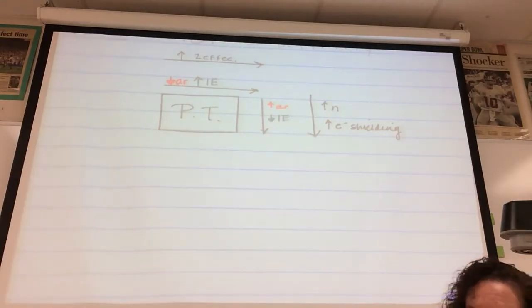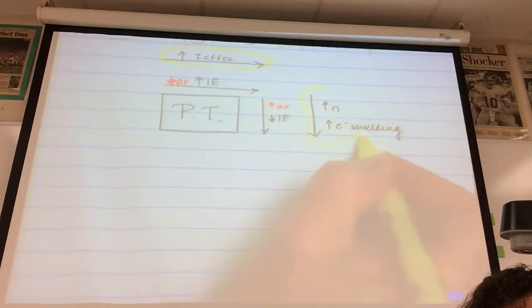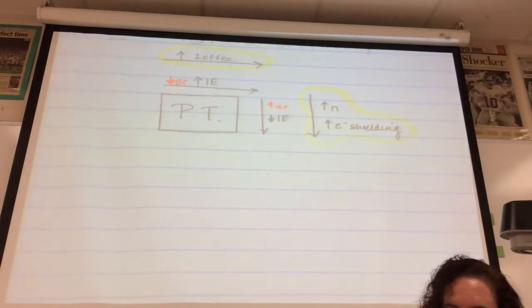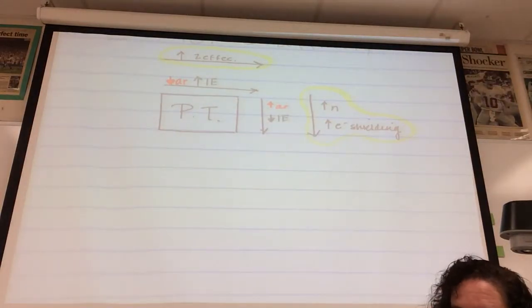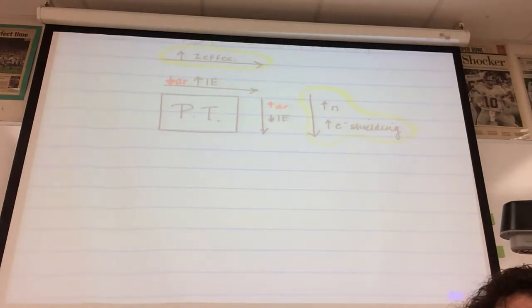So if you understand the reasons, you will be able to make any prediction about a property of an element in this regard. So what we're going to talk about first today is electron affinity.